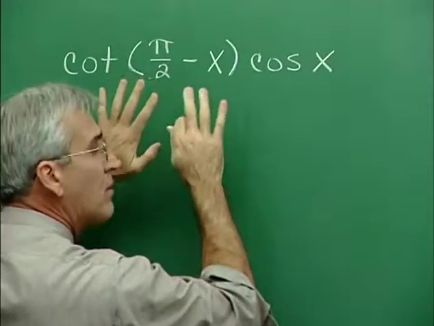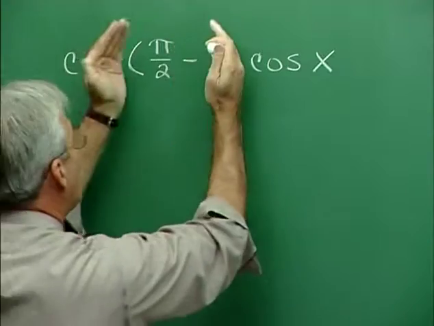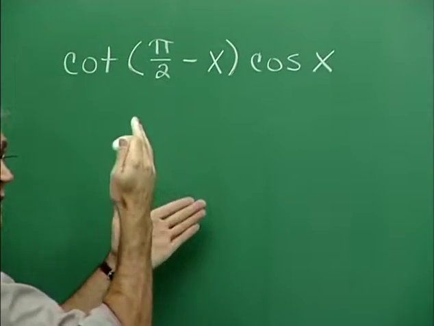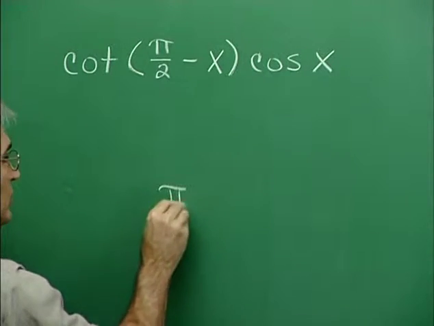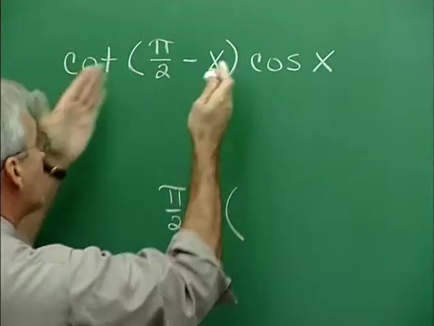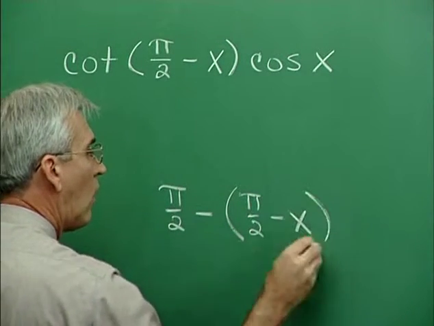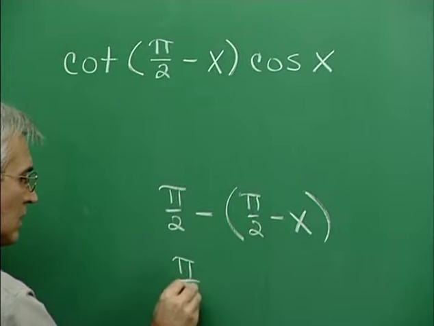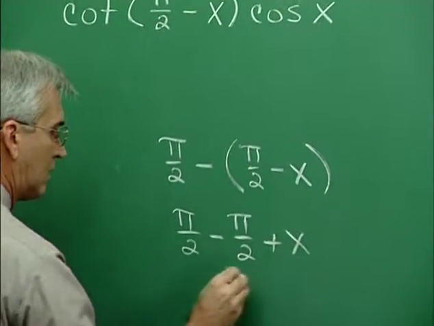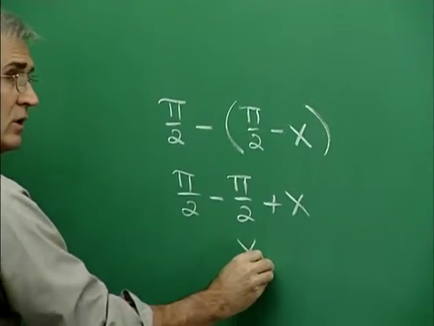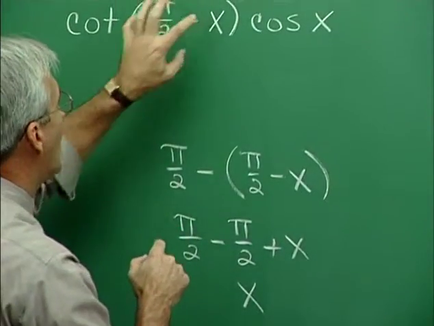Now let me go through the algebra of writing the complement of that angle. The complement of an angle is found by taking pi over 2 and subtracting the given angle. So it would be pi over 2 minus the given angle. You see, if I want to show all of the proper steps, those go out and we have simply x. So this is nothing but the complement of x.